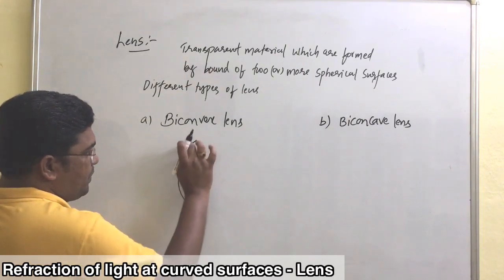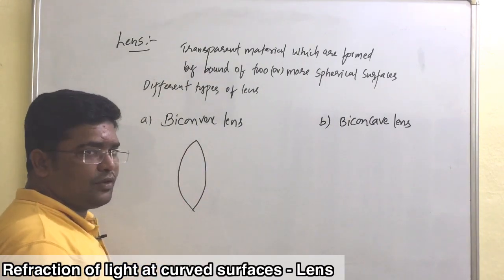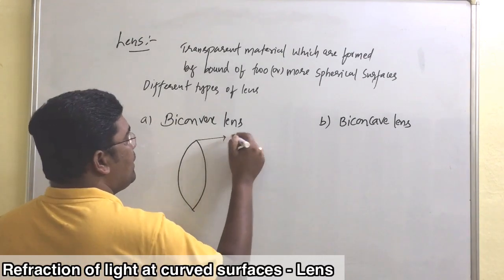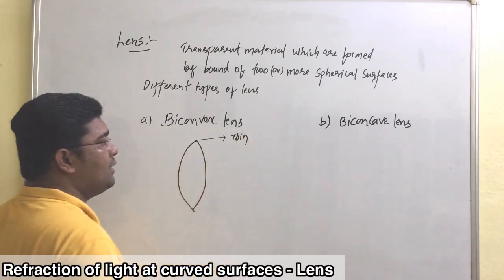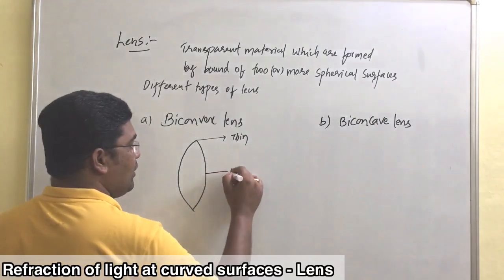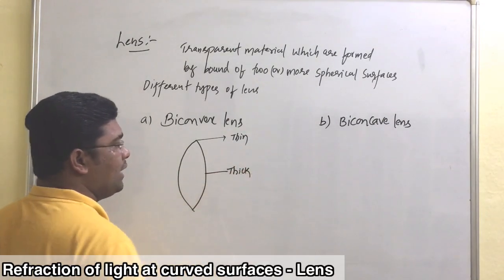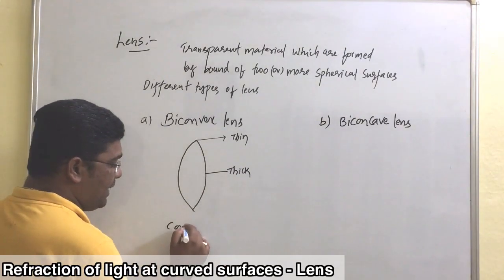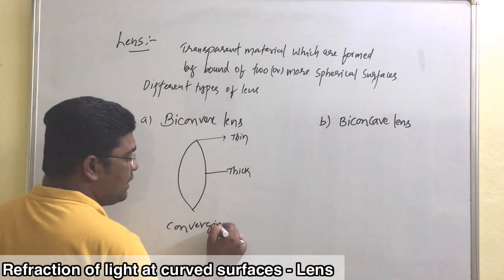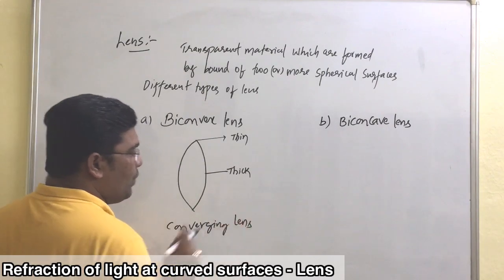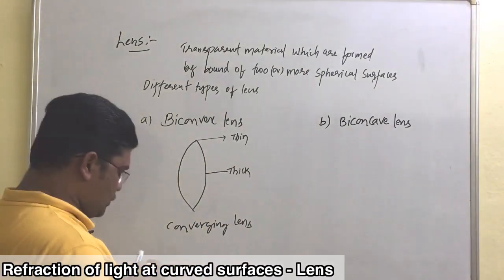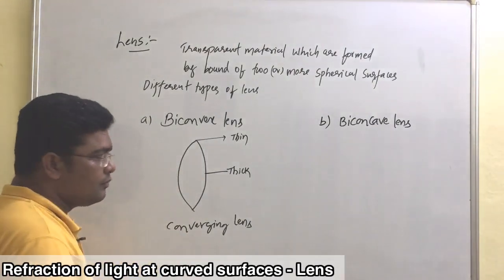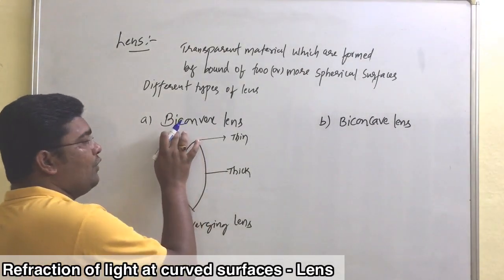If you observe very carefully, they are thin at the edges and thick at the middle. Such a lens we call biconvex lens, and biconvex lenses are called converging lenses. Why? Because when light rays fall on a biconvex lens, all the light rays will converge.